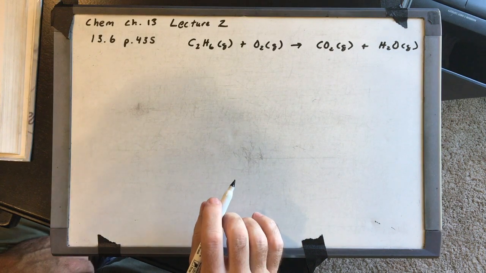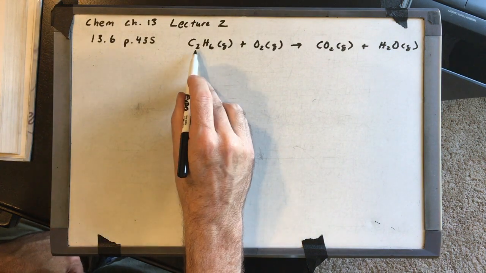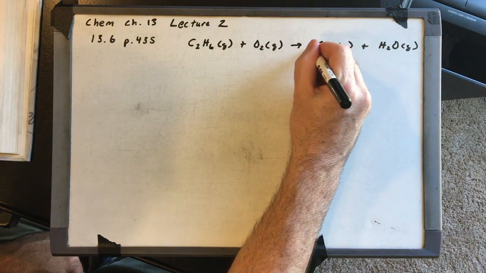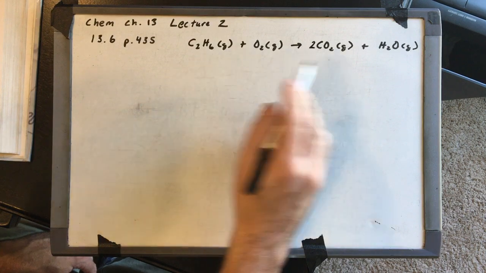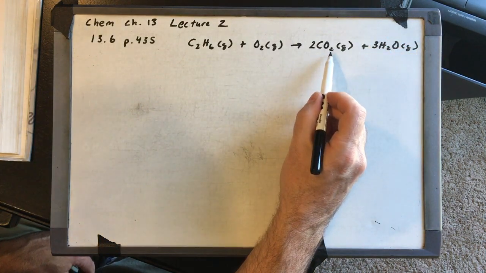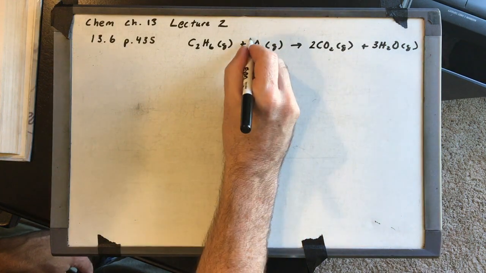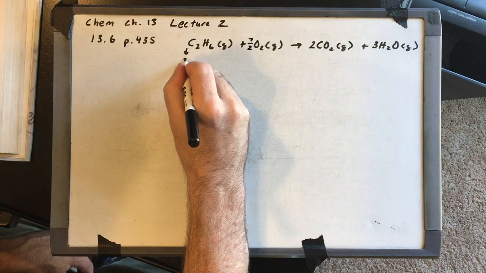Right, we do have to balance. All right, so I've got 2 carbons here. I'm going to try a 2 there. 6 hydrogens here, so let's put a 3 here. Let's add them up. We have 7 oxygens on this side, so I need a 7/2. So I need to multiply everything through by 2.